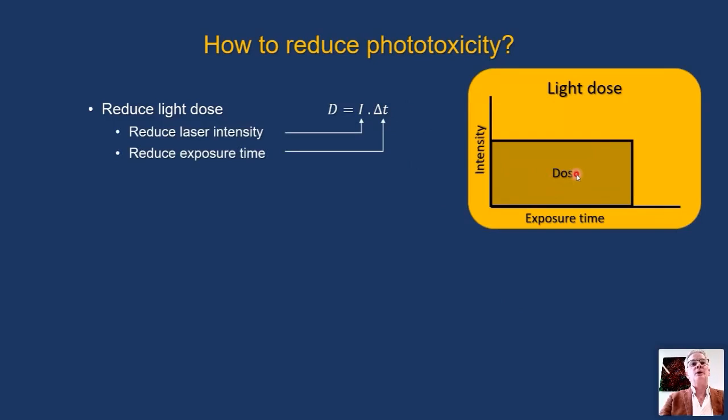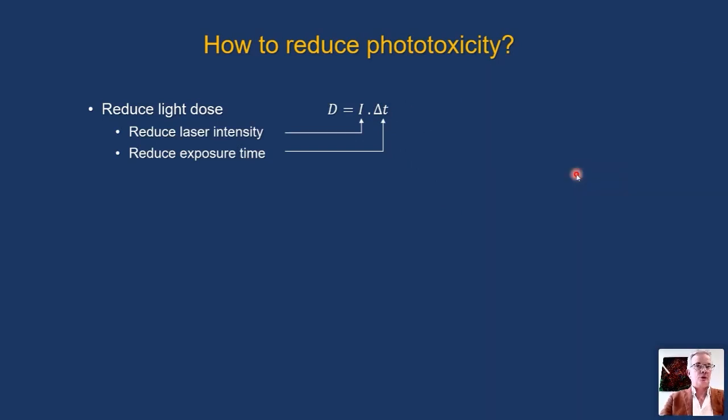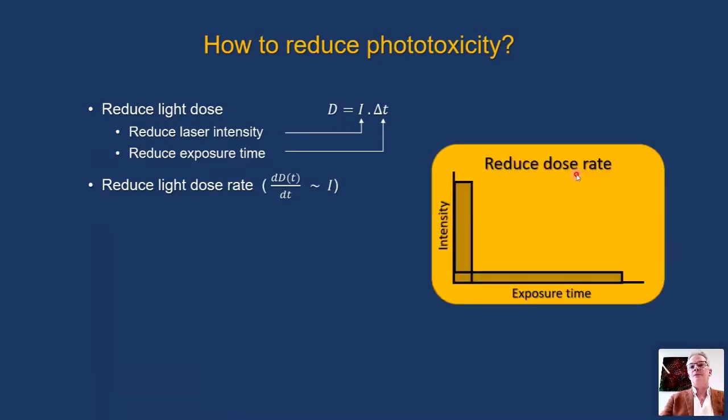Okay, so I can reduce either the light intensity, the laser intensity, or the exposure time. Of course, also both. Another point that is important is the dose rate, and that is the first derivative of the dose, which is, we can see here, in these two situations, I have the same dose, only the way I give the dose is different.